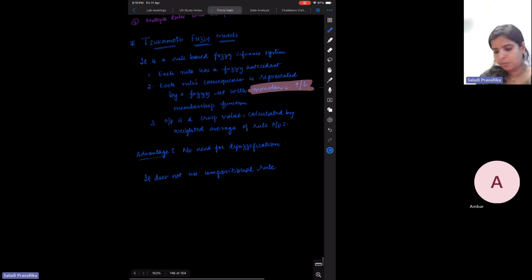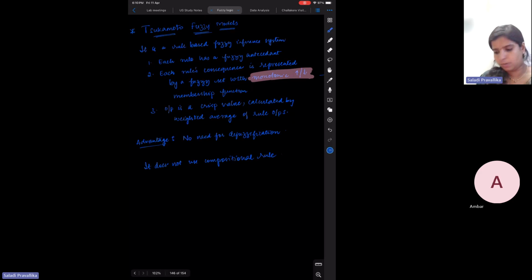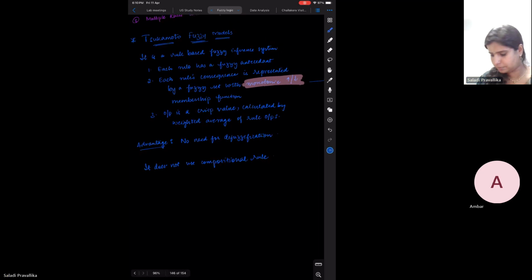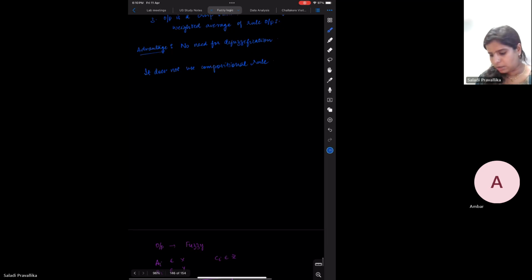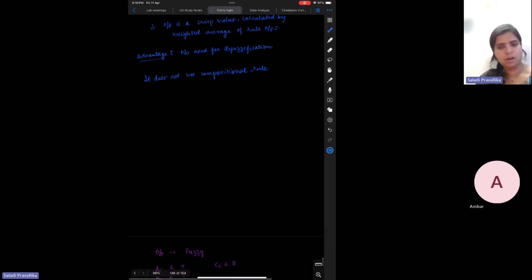The main advantage of the Tsukamoto fuzzy model is that there is no need for a defuzzifier, as we have discussed, and hence it avoids this time-consuming process. Defuzzification usually takes a lot of time, so since this doesn't have it, it's an advantage time-wise and also computation-wise. It does not use any compositional rules.